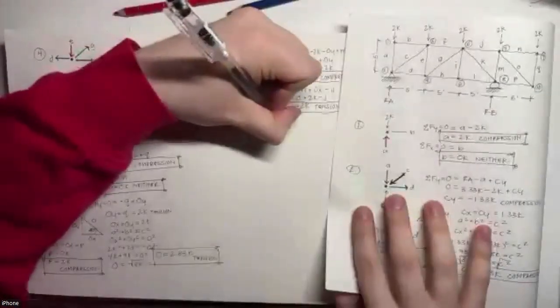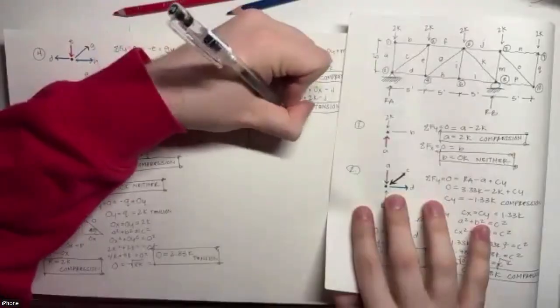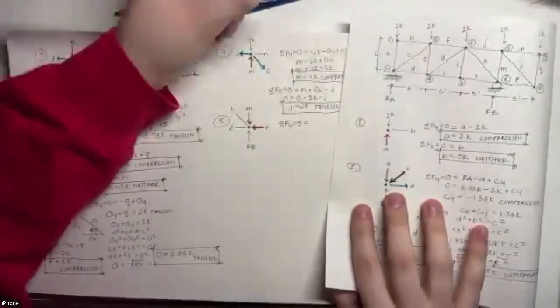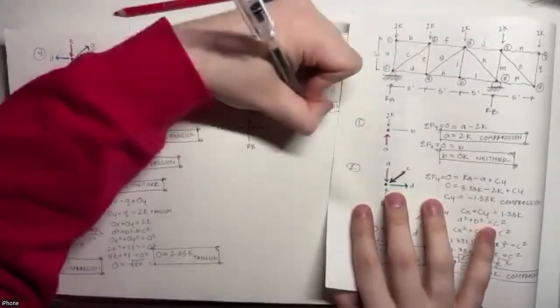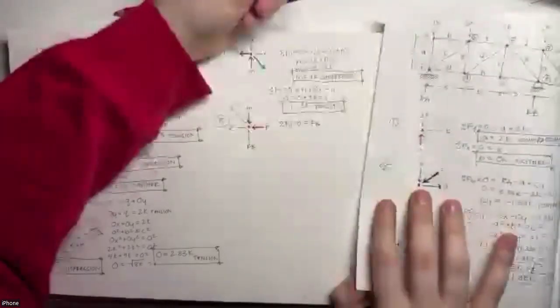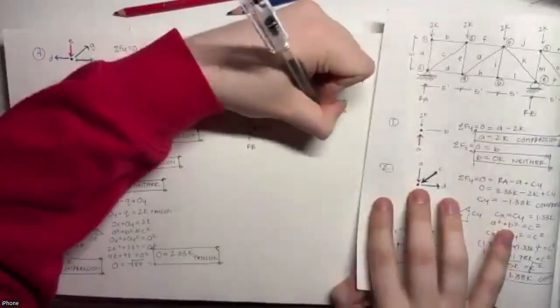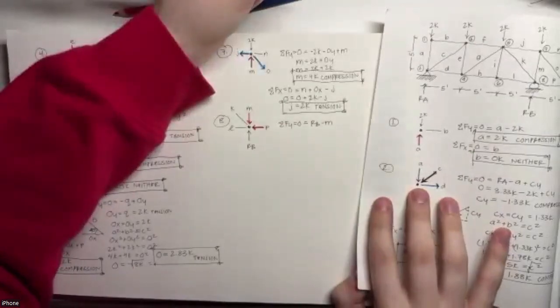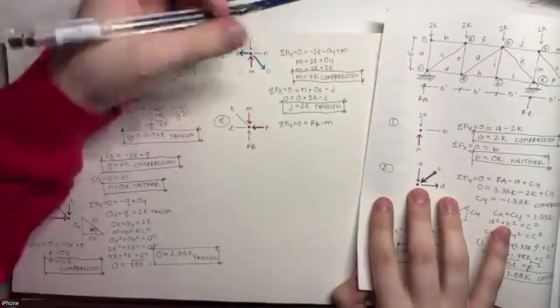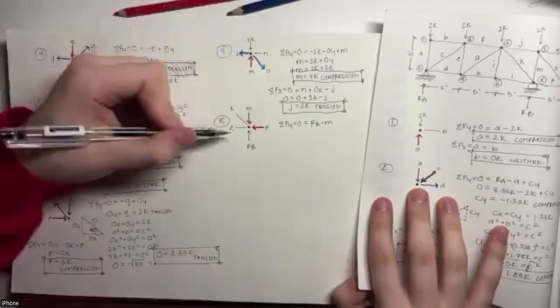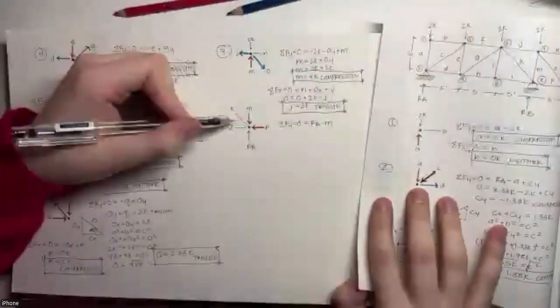So sum of the forces in the y direction equals 0 is equal to RB minus M. And then we've got this diagonal K, so I know there's going to be a KY.